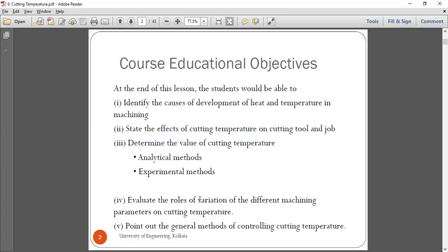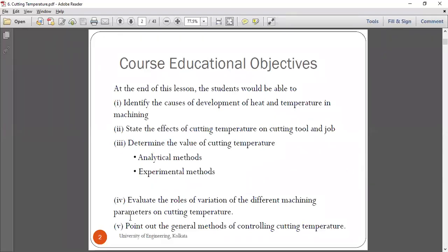We can consider the feed, speed, and depth of cut as the measuring parameters. We have the tool geometry in place, we have the workpiece and tool material in place. These are the things which we can consider as machining parameters.